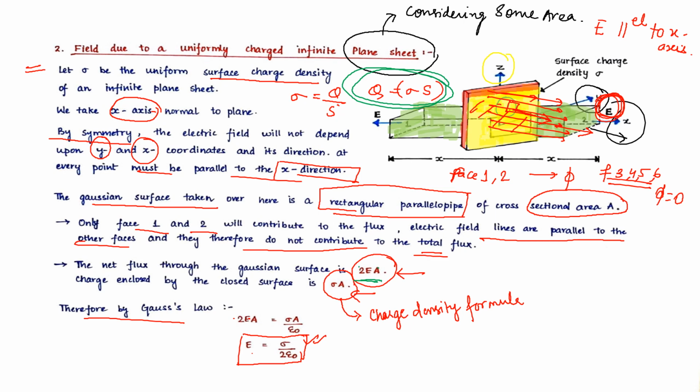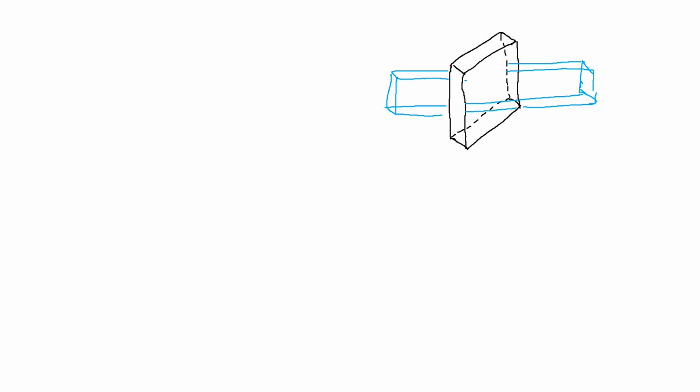Just watch so that we get a proper idea of how we define the flux for surface 1 and surface 2. See here, this is the plate we have taken so far, with area element A. And this blue colored thing is our Gaussian surface.